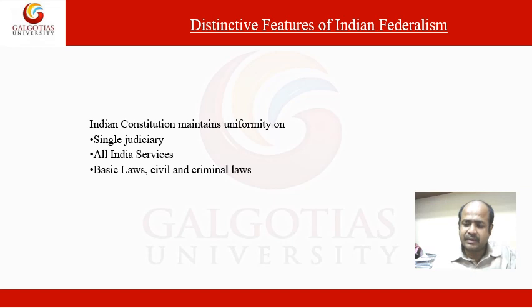All the high courts come under the purview of the Supreme Court. So against the decision of any lower judiciary, you can go to the High Court, and against the decision of the High Court, you can go to the Supreme Court. There are no parallel two sets of judiciary. The judiciary is single.